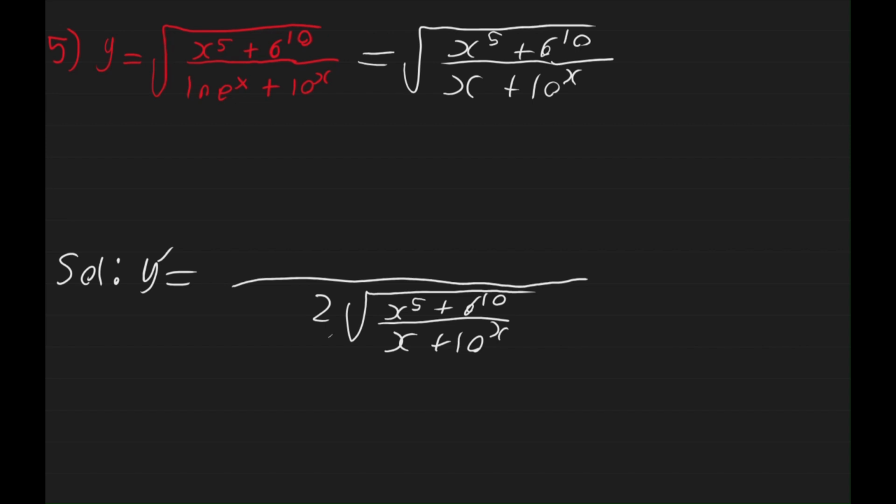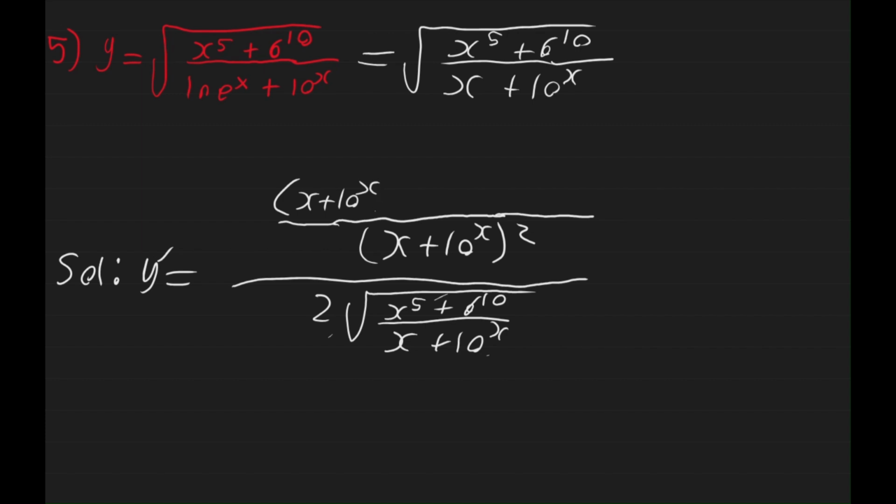Let's differentiate what's inside the root, which is a division. The denominator is x plus 10 power x, whole power 2. Now you put the denominator in the numerator, which is x plus 10 power x, multiplied by the derivative of the numerator.